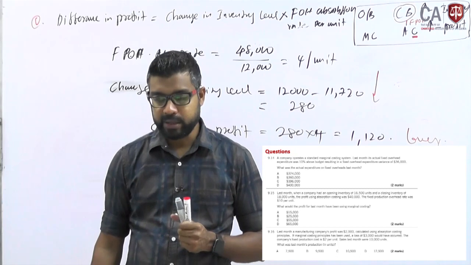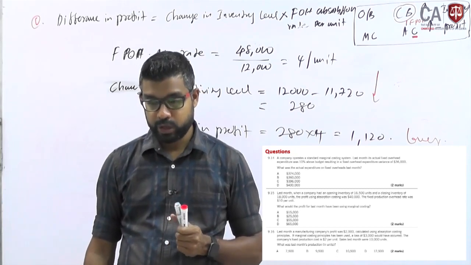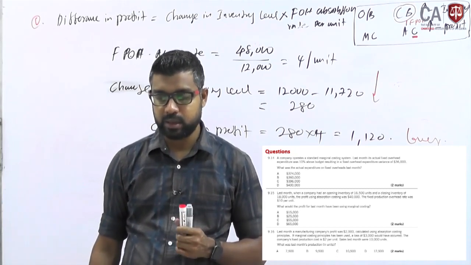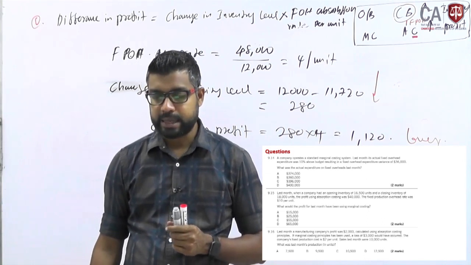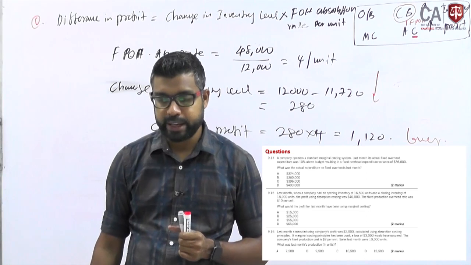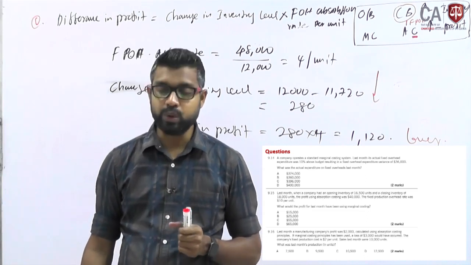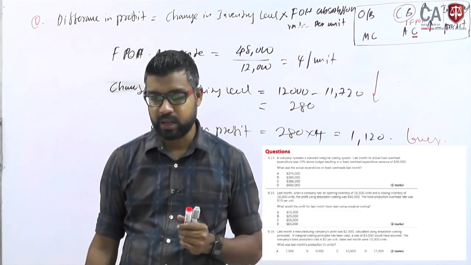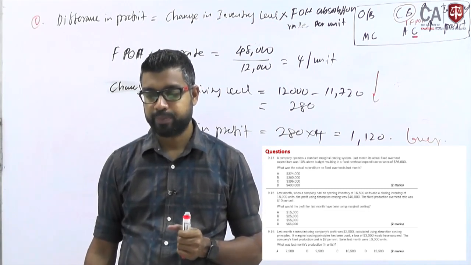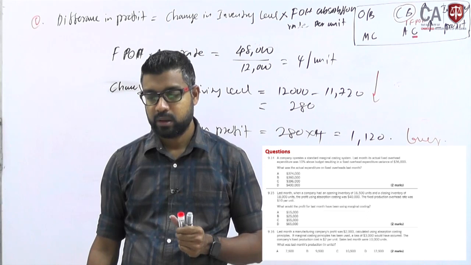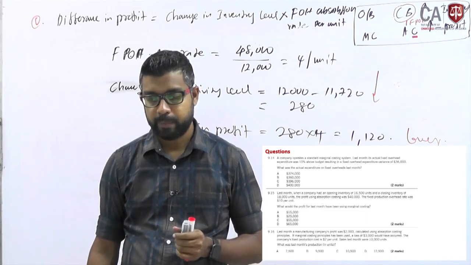Question number 14. A company operates a standard marginal costing system. Last month its actual fixed overhead expenditure was 10% above the budget, resulting in a fixed production overhead expenditure variance of 36,000.